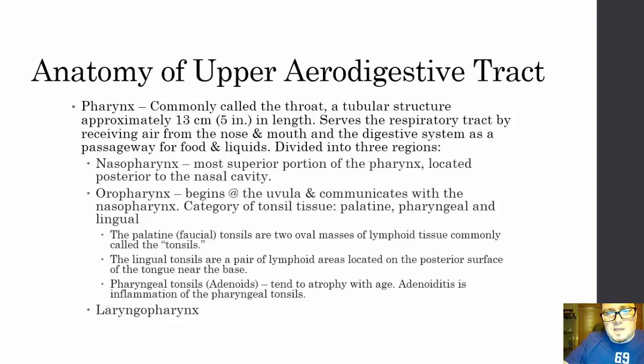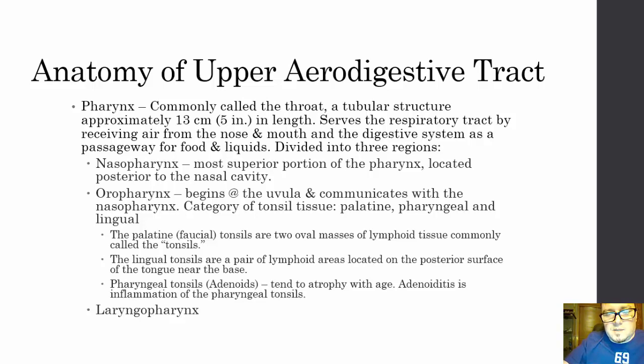Your palatine tonsils are 2 oval masses that are made out of lymphoid tissue. Those are the lymphoid ones. The lingual tonsils are also lymphoid, but they don't get nearly as large as the palatine tonsils do. When we talk about tonsillectomy and adenoidectomy, we're talking about the palatine tonsils and the pharyngeal tonsils.